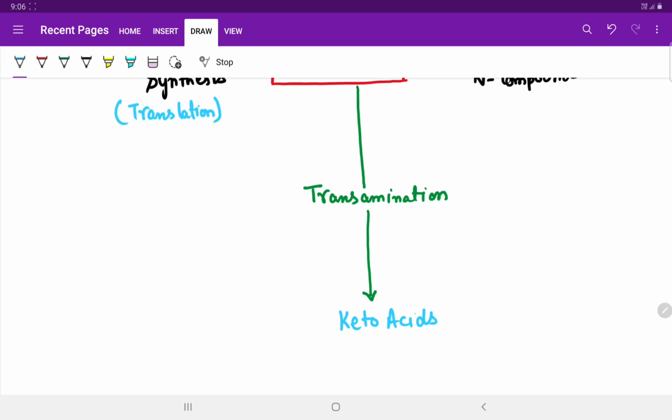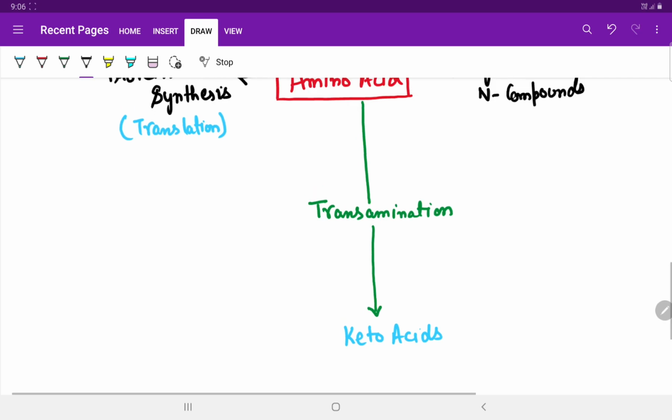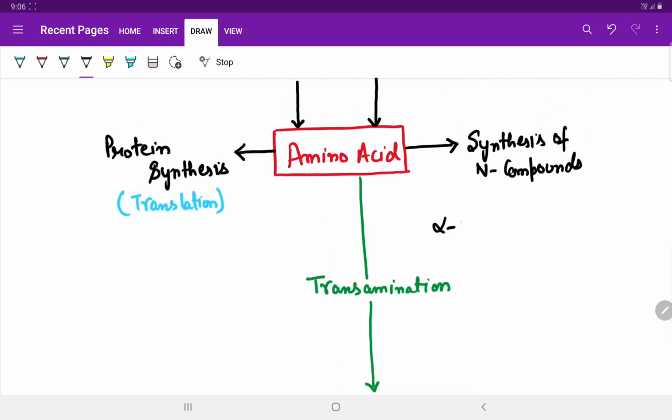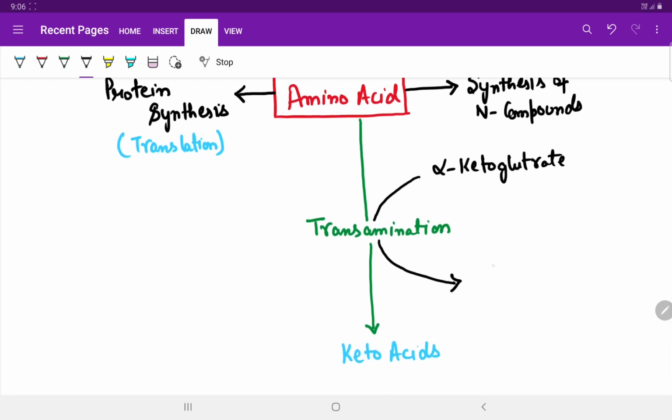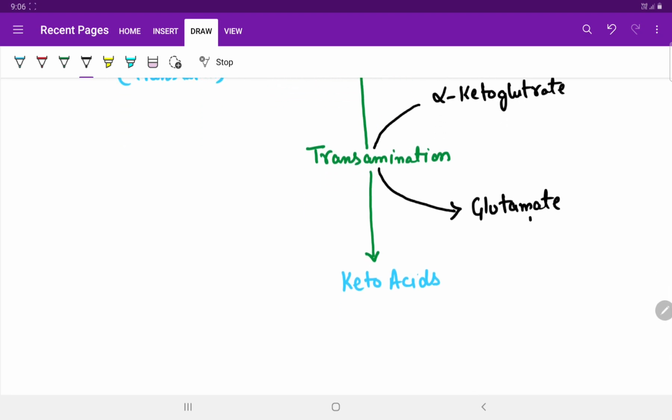Here is an example, alpha ketoglutarate, which through the process of transamination is converted into glutamate or glutamic acid, and this glutamate undergoes deamination reactions.